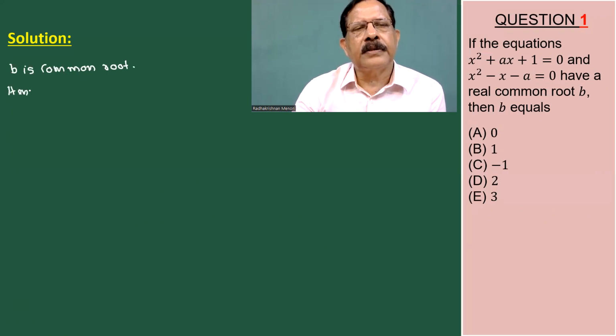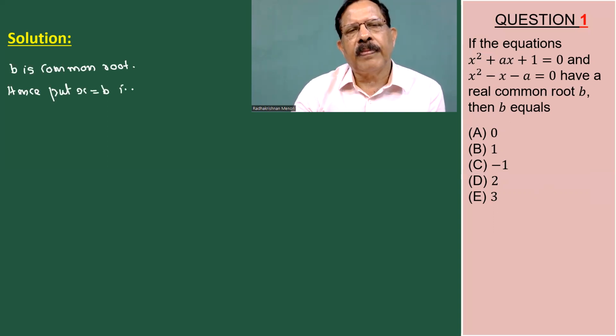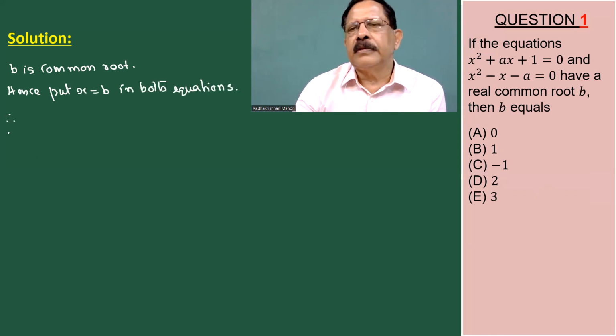Hence, put x is equal to b in both equations, because a root of a quadratic equation will satisfy that equation. Therefore, b squared plus ab plus 1 is equal to 0, first equation.